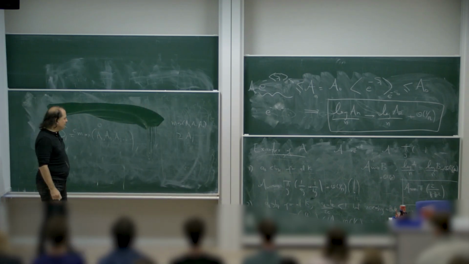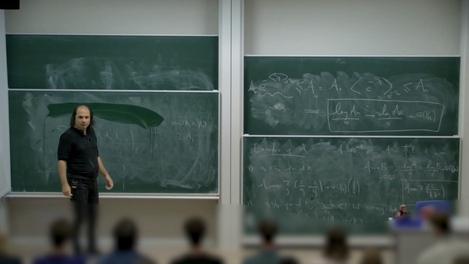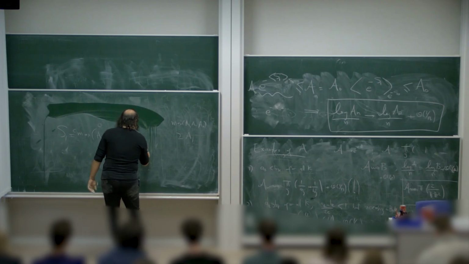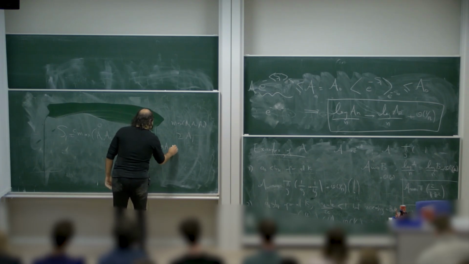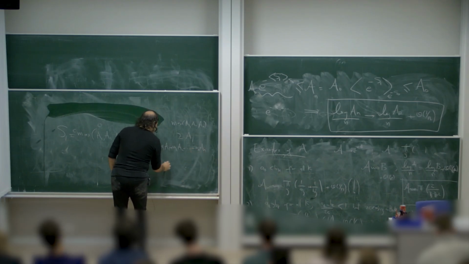I could put here A2 or A3 or anyone else. For that matter, I could put any weighted average of them. And the max is bigger than any weighted average of them. So that's what we're going to do. We're going to say that S1 is greater than or equal to W1A1 plus W2A2 plus up to WNAN, where these are positive weights that add up to 1.